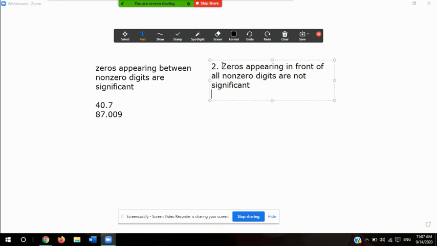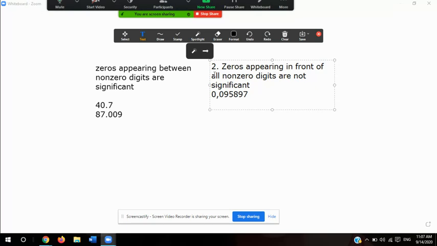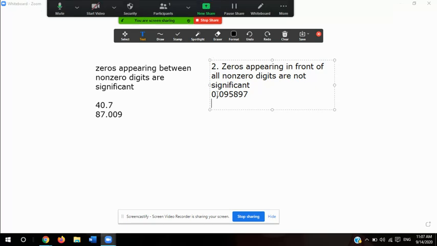So if we have 0.095897, this has five significant figures because the zeros that are in front of it don't count. Let me fix that, I think I wrote a comma there.